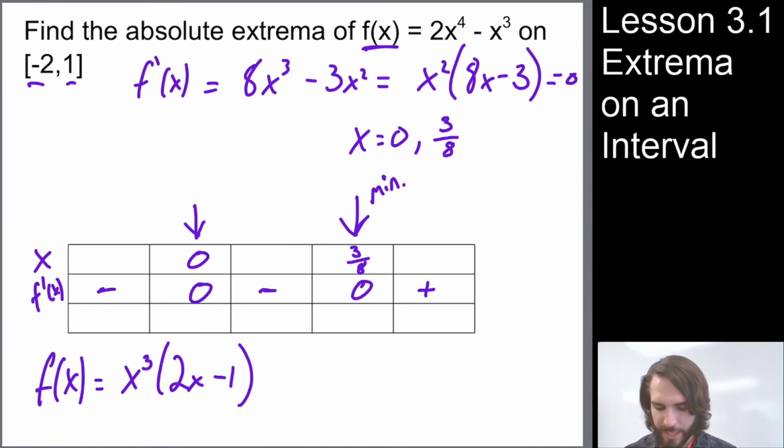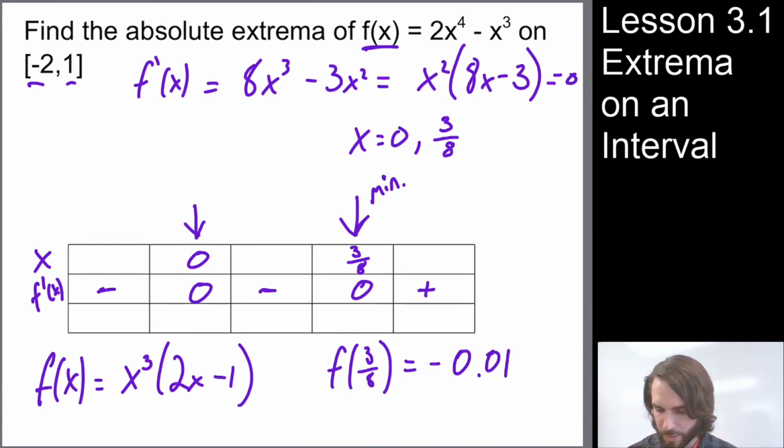Alright, so if I plug 3/8 into that, we have 2 cubed divided by 8 cubed times 6/8 minus 1. So that is f of 3/8, negative 0.013.